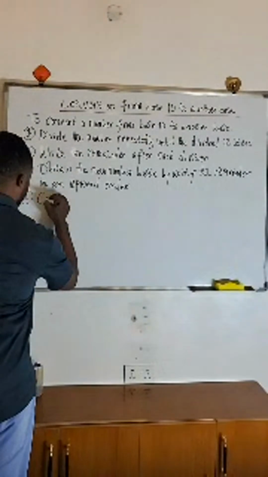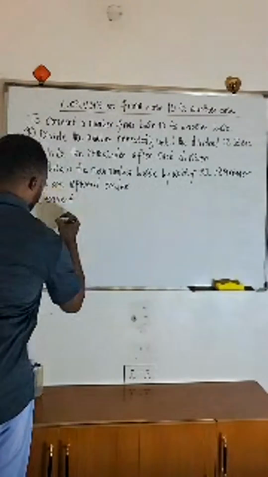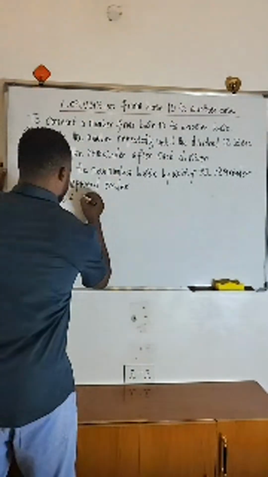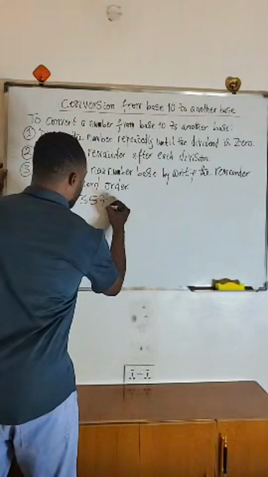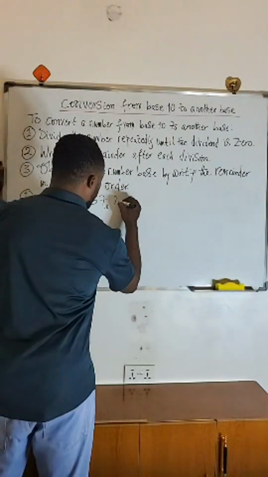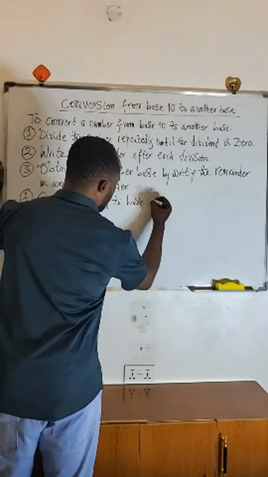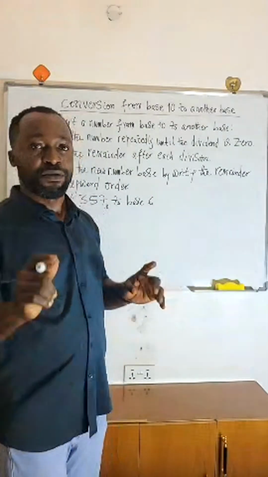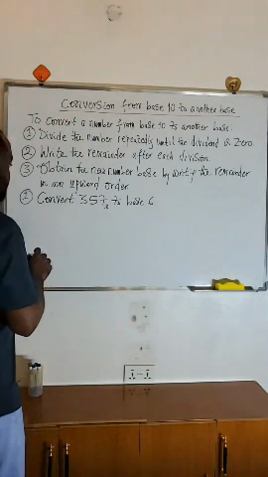Example 1 says convert 357 in base 10 to base 6. Is that right? So let's solve this first.